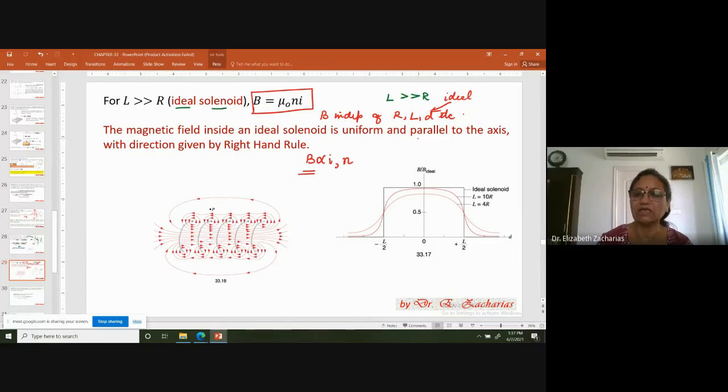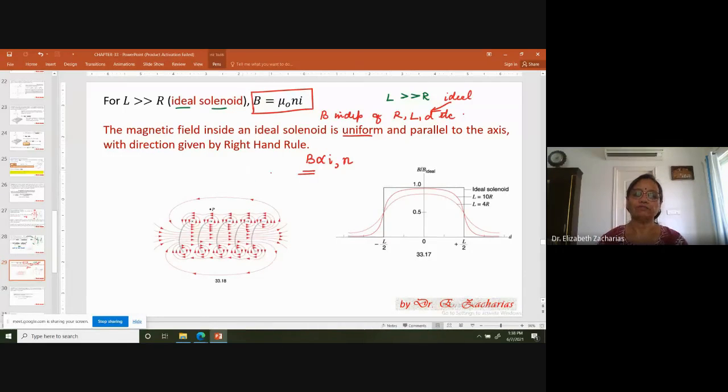It doesn't depend on the location inside. In other words, you're going to get a uniform magnetic field. Just like capacitor plates were used for getting uniform electric field, here an ideal solenoid can be used to get uniform magnetic field.